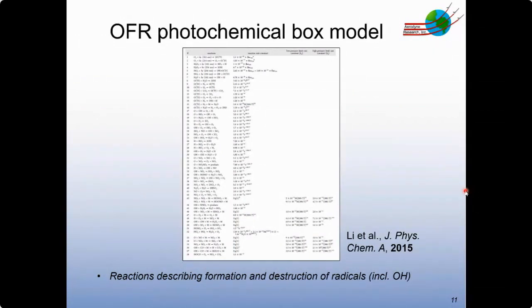Where this complements the type of tracer decay methods that I showed on the previous slide to infer OH concentrations is that here you can model the concentrations of radicals that are really not possible to measure in any straightforward manner, such as O(1D) or other really short-lived radical species. So this complements explicit measurements of OH concentrations by giving you a more comprehensive picture of what's happening in the OFR under different conditions.